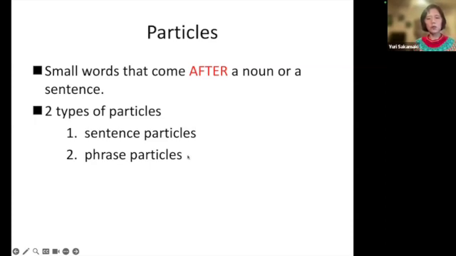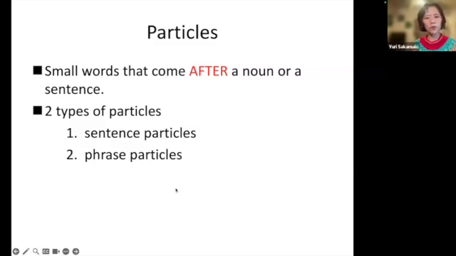And phrase particles come after a noun and add a function to those nouns. In the hiragana lesson video, I introduced one phrase particle, which is no, when we talked about neko no shippo desu, a cat's tail.